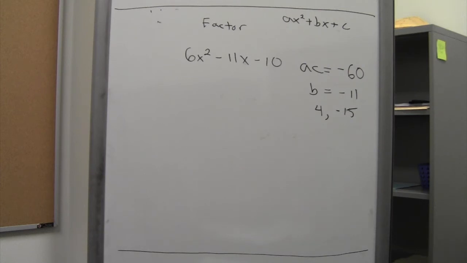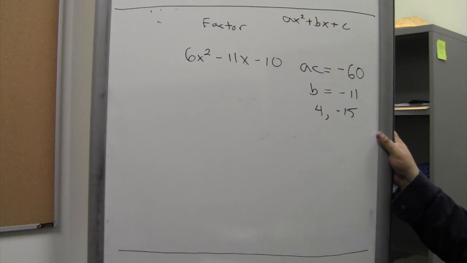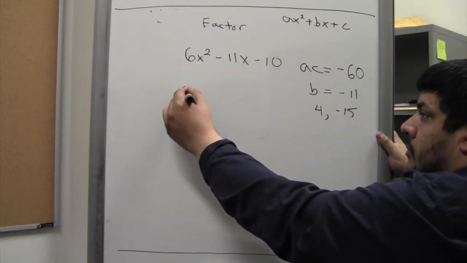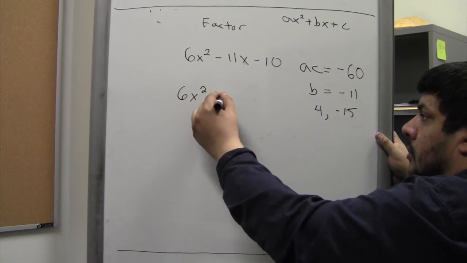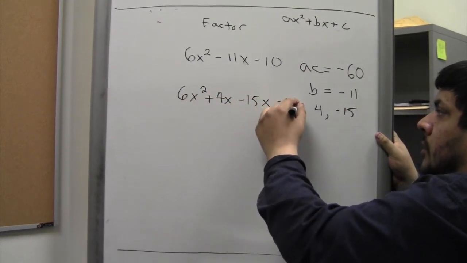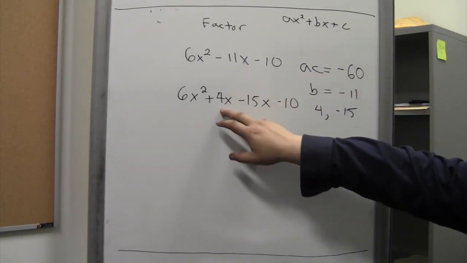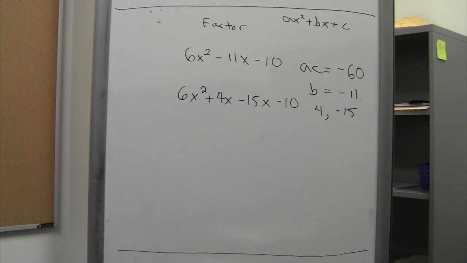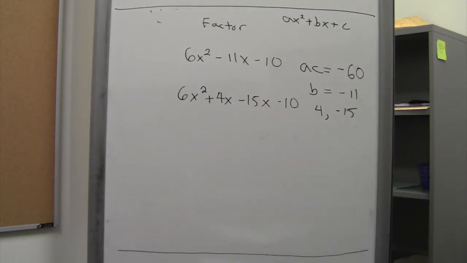Now we're going to use these two numbers to rewrite that middle term. So we've taken this negative 11x and turned it into 4x minus 15x. Remember, these two numbers came directly from this. That's why you have to do this step first.